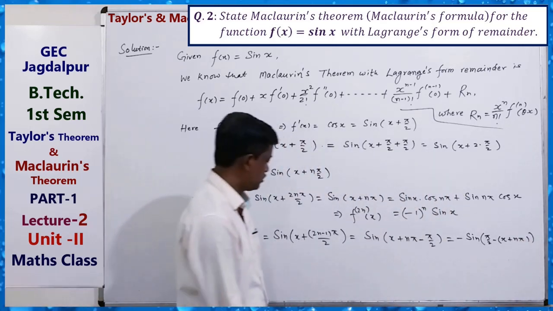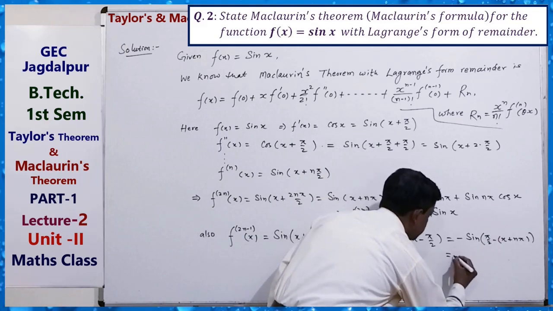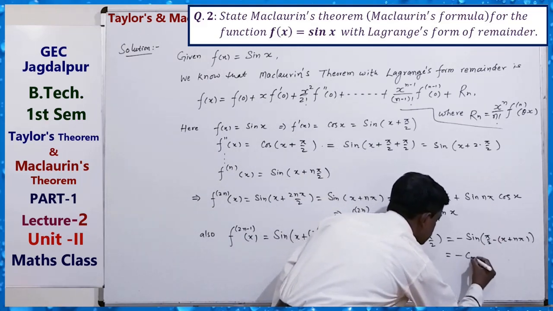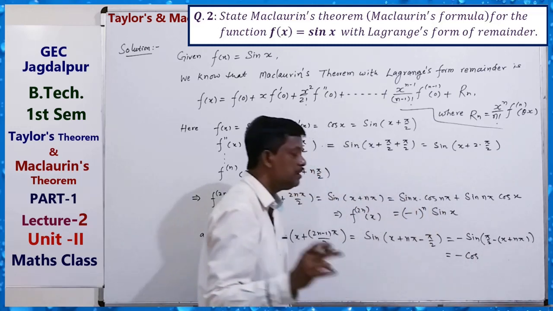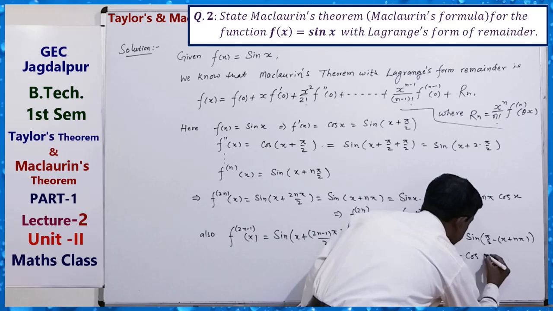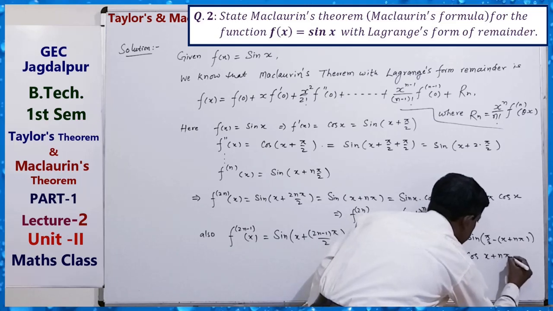So this is equal to minus sin 90 minus theta, cos theta. So cos x plus n pi.